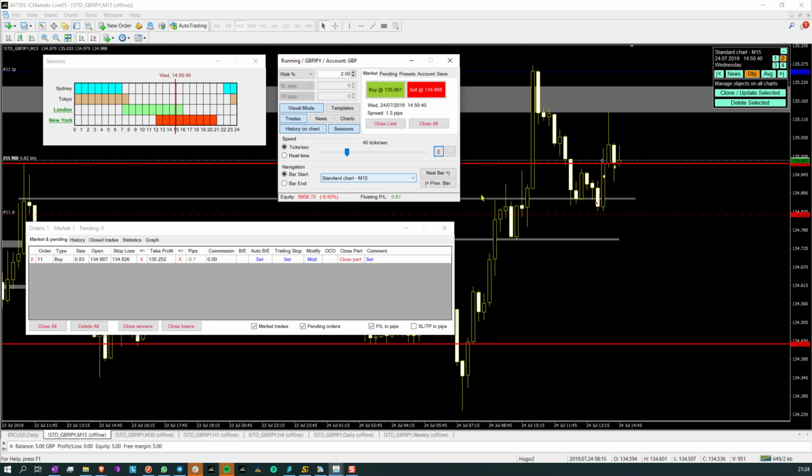Fuck that. If it goes up, man, this is really... If it breaks the low, I'm closing the whole thing.